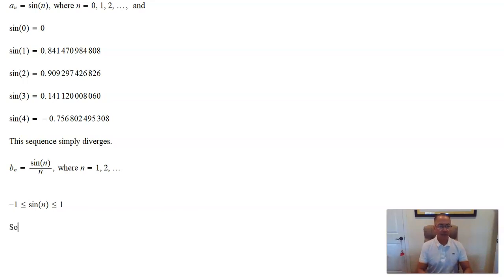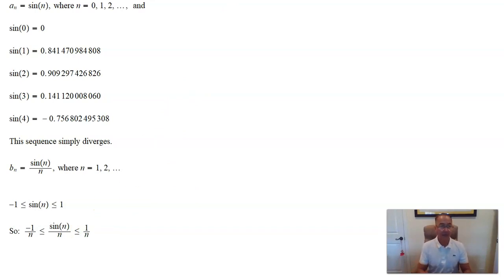Okay, so we can divide all the terms in this inequality by n because n is a positive number. When you divide or multiply inequalities by a positive number, you don't have to reverse the sense of the inequalities. So we can copy that and turn them all into fractions, so that we get -1 over n, in the middle sine of n over n, and on the right side 1 over n.